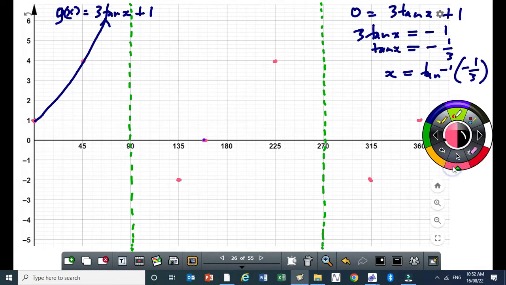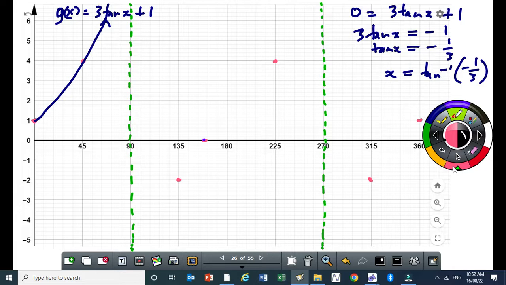Right? Now, do you remember last week I told you that once we find the first x-intercept, the distance between the two x-intercepts is always equal to 180 degrees for the tan graph. I'm going to repeat that because some of you are not paying attention. Can someone tell us what's the distance between 90 degrees and 270 degrees?